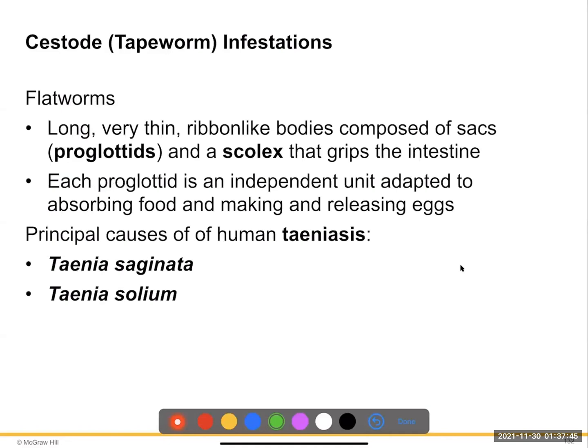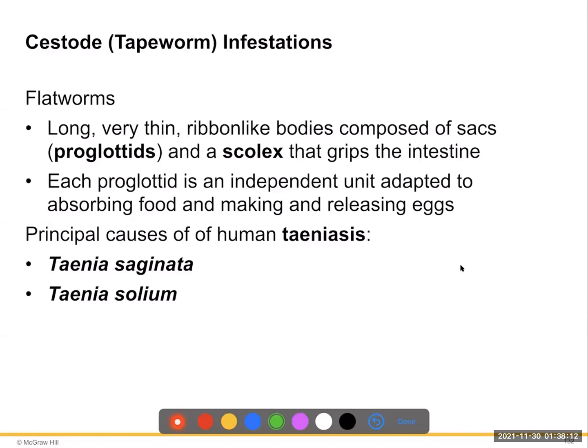Okay, tapeworms. Let's talk about flatworms, the type of tapeworm. They're long, very thin, ribbon-like bodies composed of proglottids and a scolex that grips the intestine. Each proglottid is an independent unit adapted to absorbing food and making and releasing eggs.